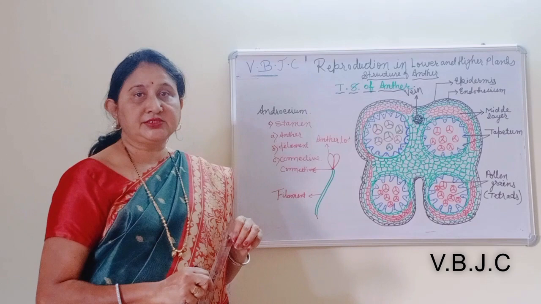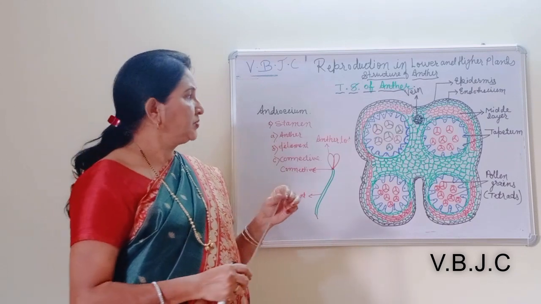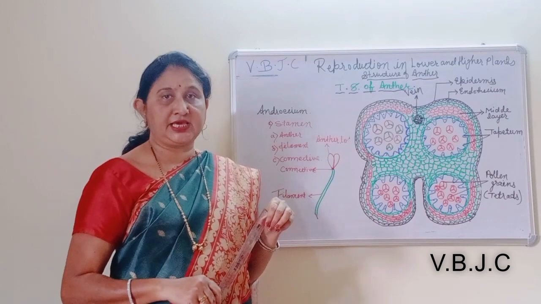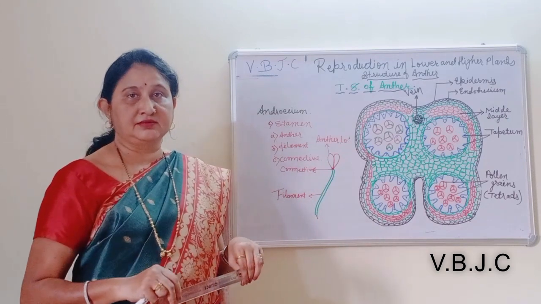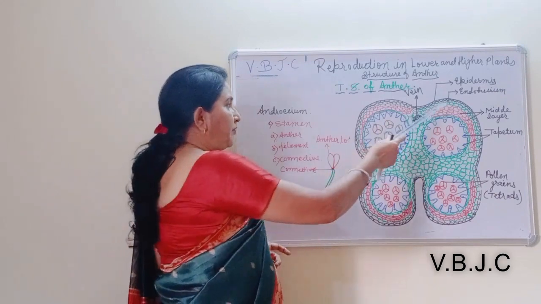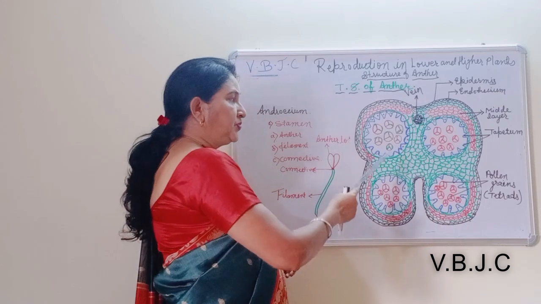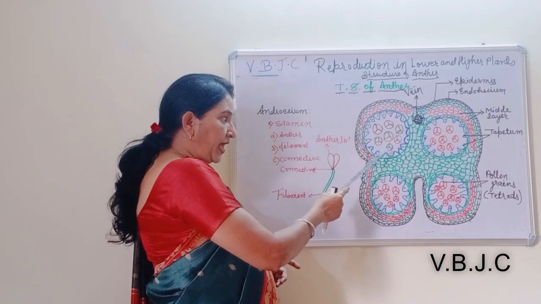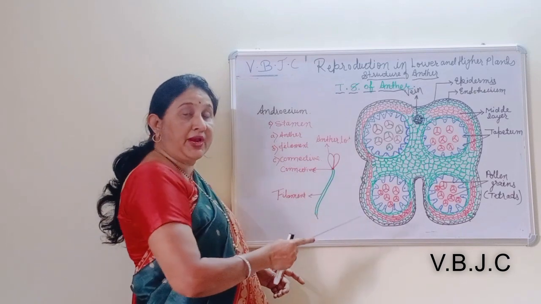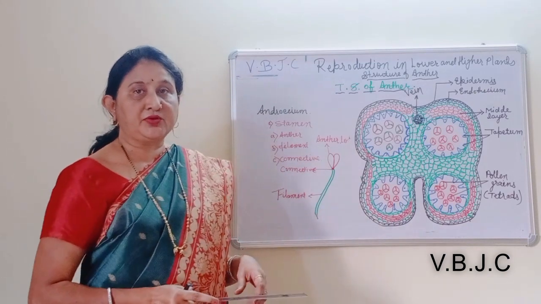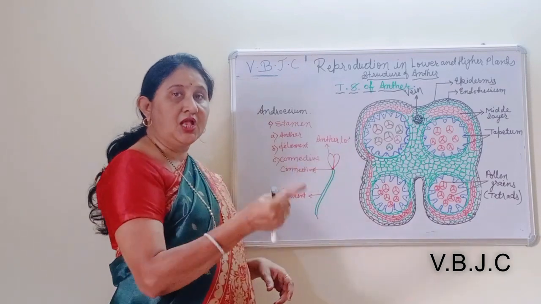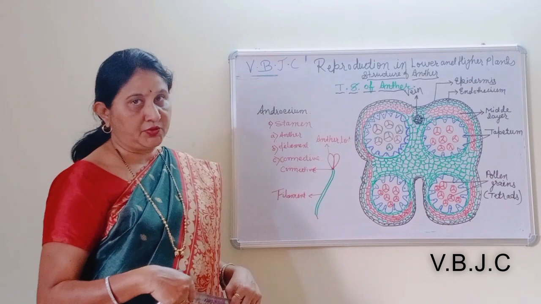The sporangial cell divides into a sporogenous cell and a parietal cell. The parietal cell forms the wall of the anther, and the sporogenous cell divides mitotically to form the microspore mother cell, which divides meiotically to produce many microspores.